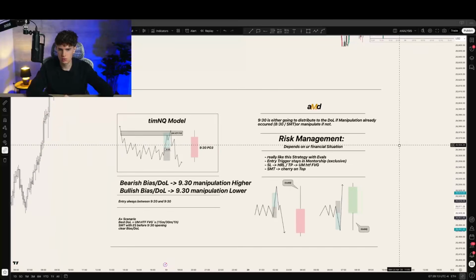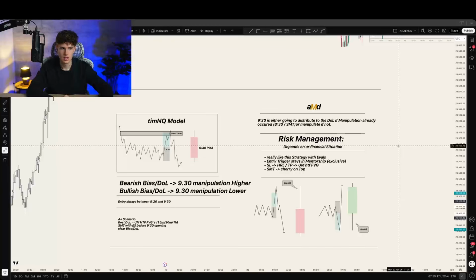And yeah, that's basically what I am doing. I don't recommend you doing this, because you have to have the discretion with the model and the time, and also the journaling and the backtesting with the model, and that's something that you don't have yet, and therefore I don't recommend you doing this.